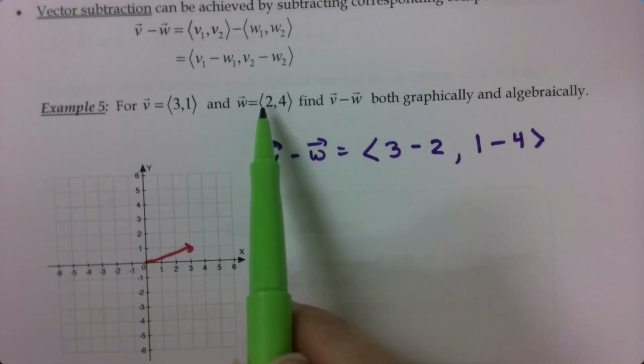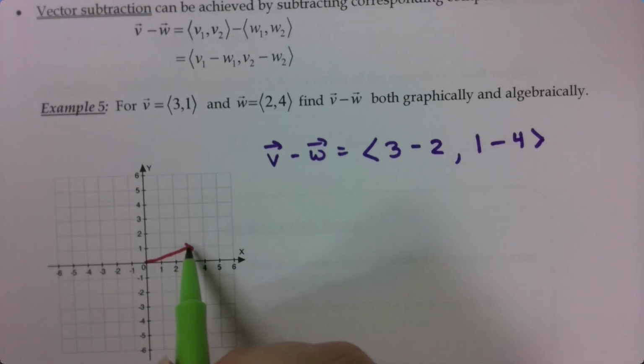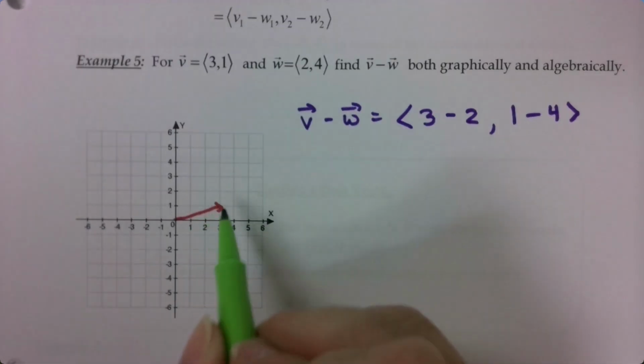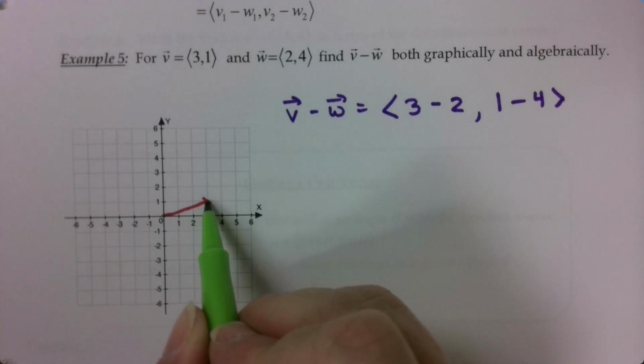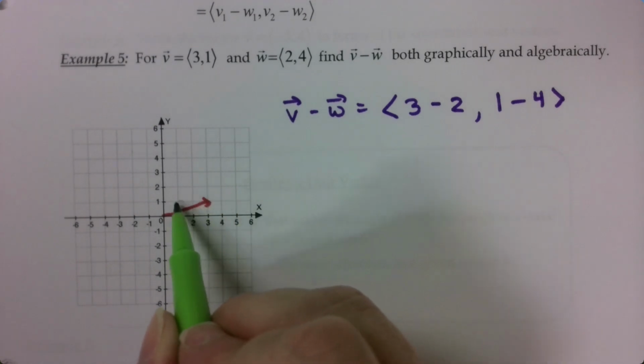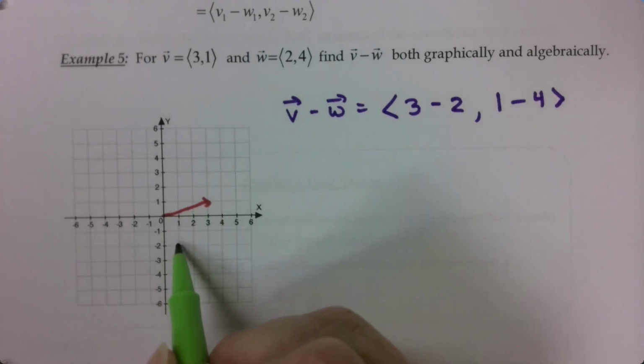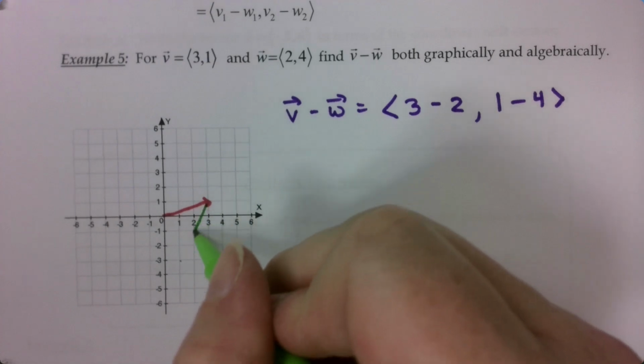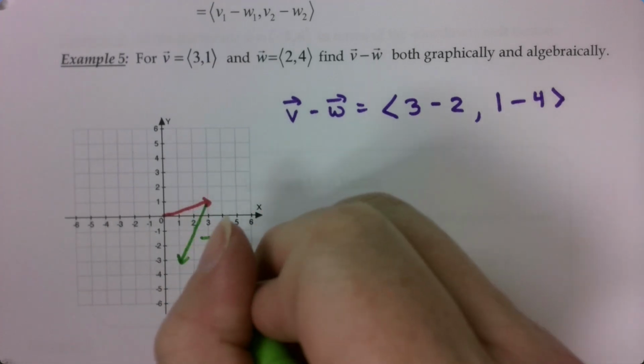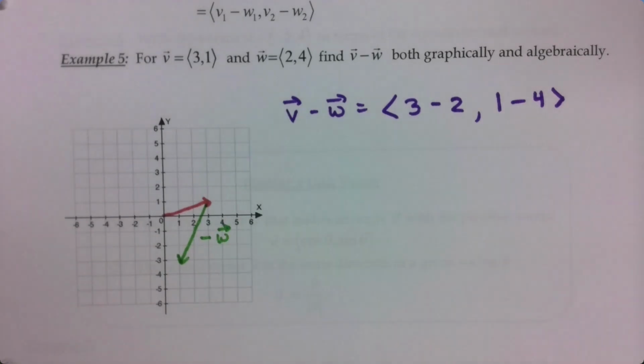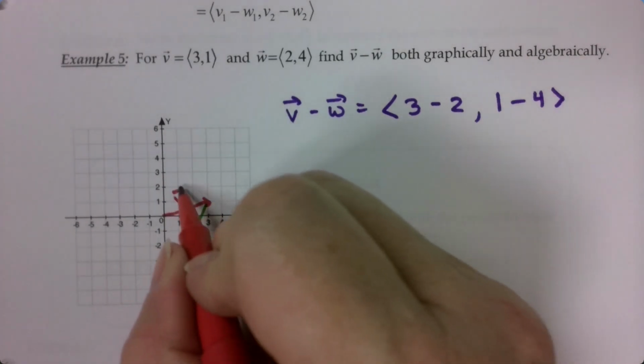So for the x direction, I want to subtract 2. So I'm going to start here at the terminal point of my first vector v. And I want to subtract 2. So I'm going to go to the left 2. I'm going to go down 1, 2, 3, 4. And it's going to get me right here. So that's negative w. And this is positive v.